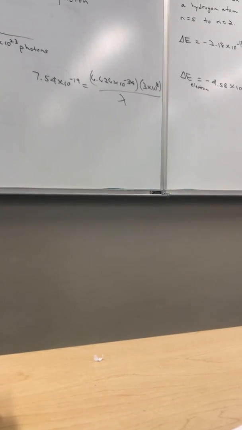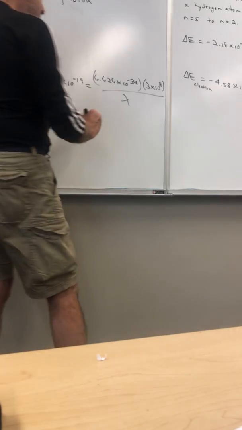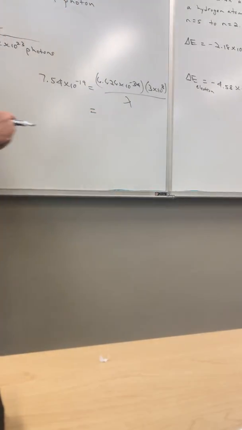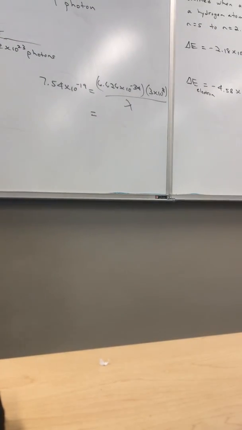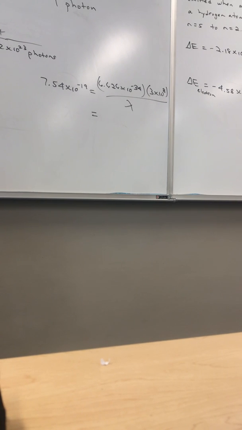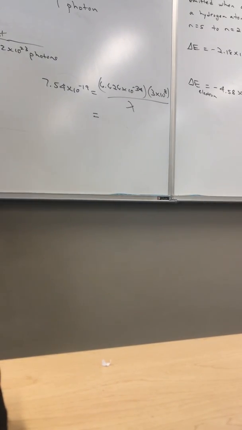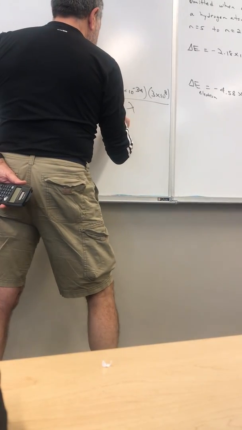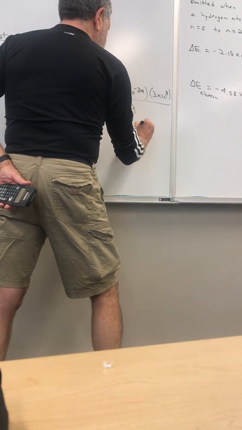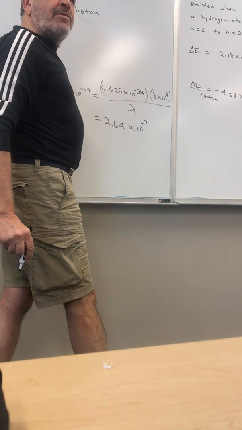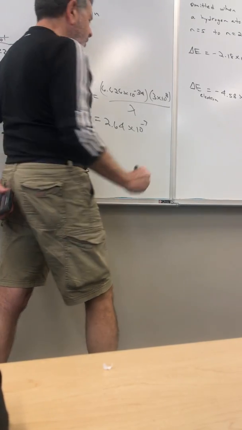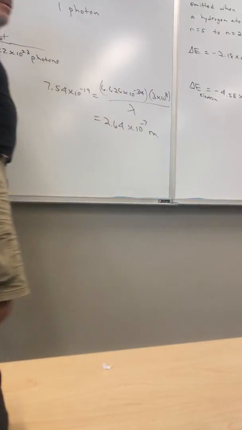And the winner is 2 something, I'm guessing. 2.64 times 10 to the negative 7. Yeah, meters.